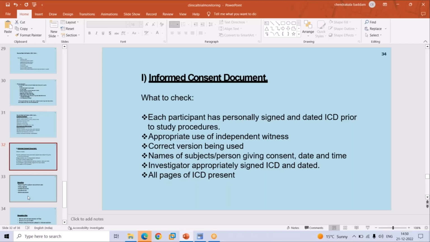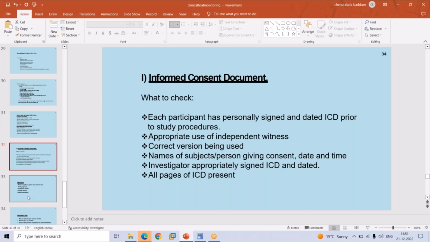So generally, when do we have an LAR? When do we have the witness? When the subject does not speak English or needs translation, or when the subject is a minor. Right, if the subject is a minor, it requires a witness like a parent or guardian.